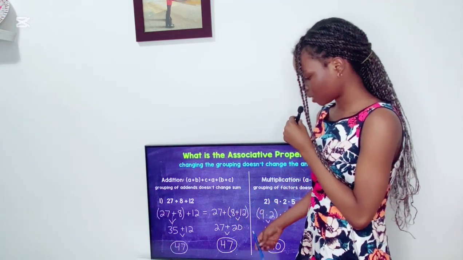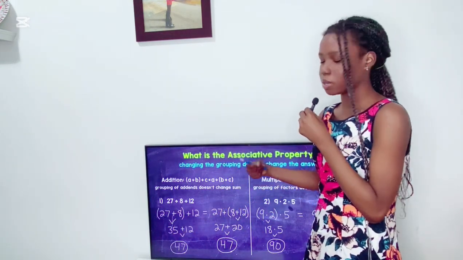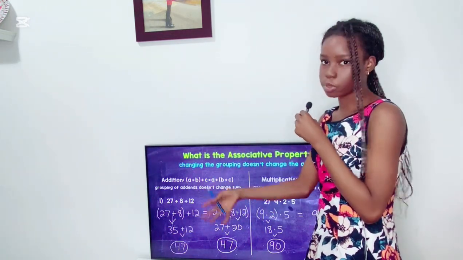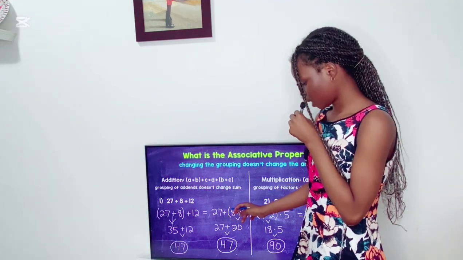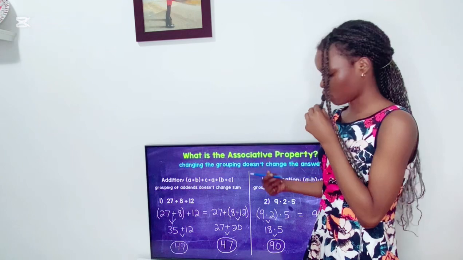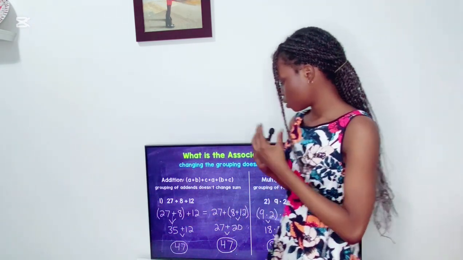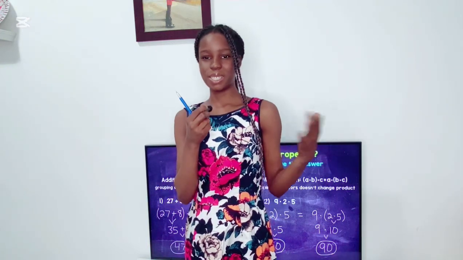And despite the fact that it did give us a different partial answer, which again is normal because it's addition and these numbers are completely different, regardless of the fact that we did 8 plus 12 here, it still gave us 47. So that is pretty much it.